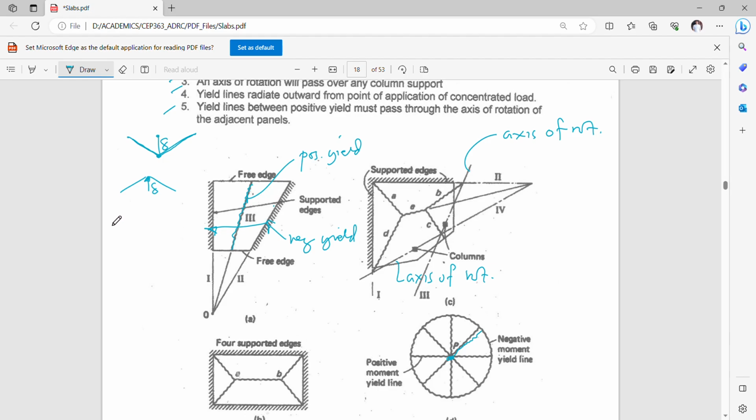So we can also define support as negative, and midspan as positive.